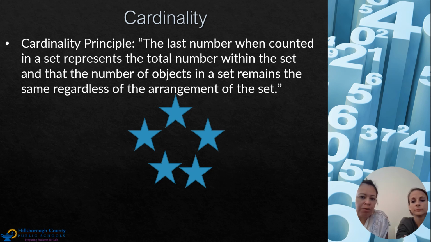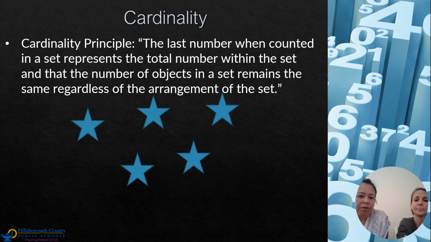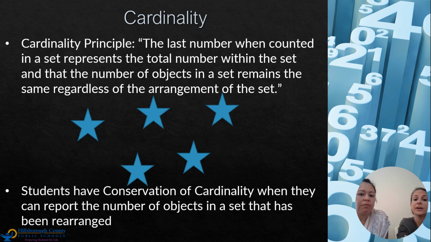So if you were doing the stars with your student, if you said, I'm going to take these stars and move them around, but I'm not taking any away and I'm not adding any, how many are there now? And they said 5, that would mean they have conservation of cardinality. Yep. Same with the stars moved around: if I didn't add any and didn't take any away, there's still 5. They have that understanding. Okay.